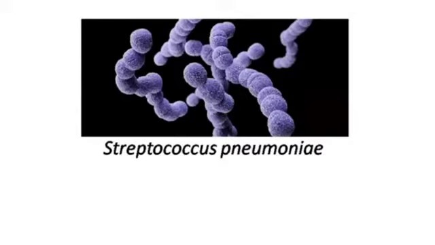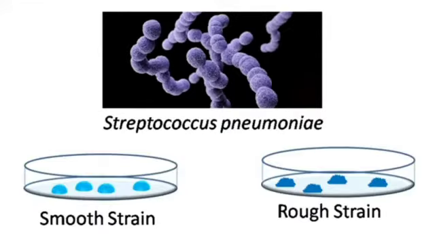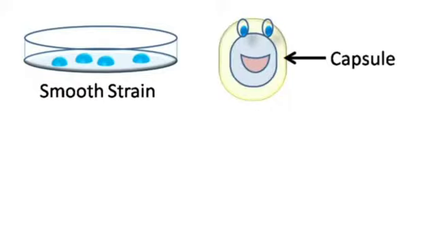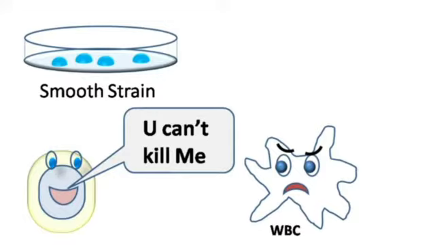In 1928, Griffith was working on a bacterium known as Streptococcus pneumoniae. Streptococcus pneumoniae has two types of strain, the smooth strain and the rough strain. Cells of the smooth strain have a protective layer known as the capsule, which protects the cells against the immune system.